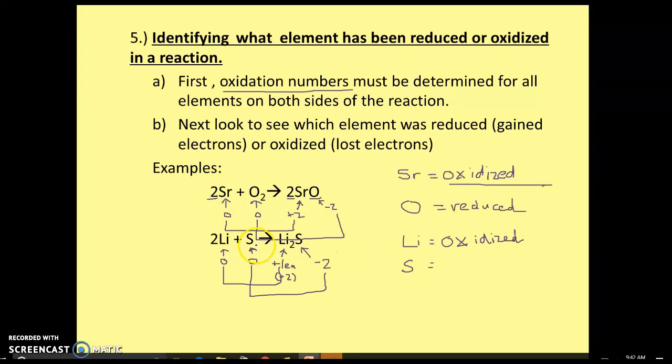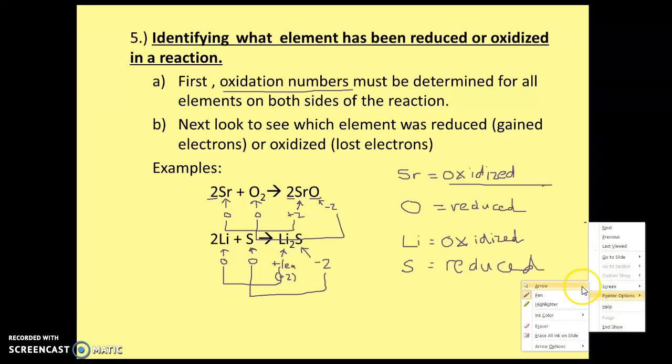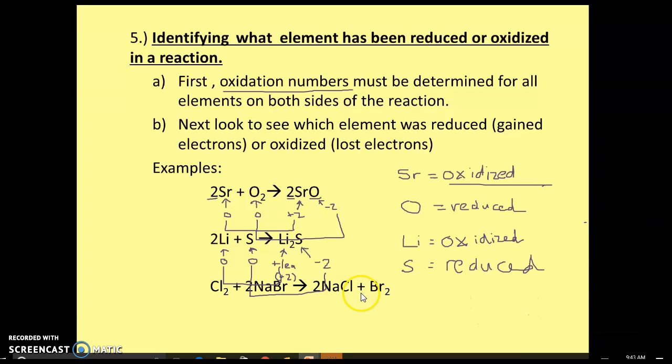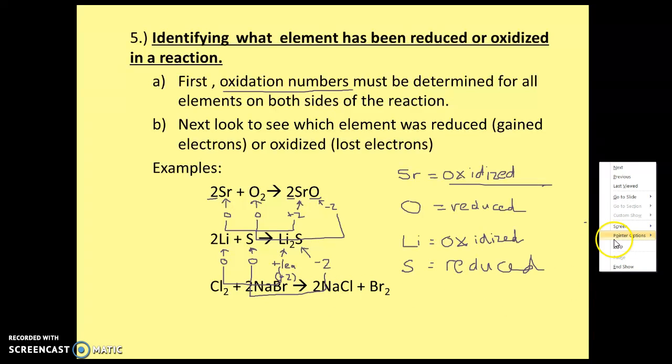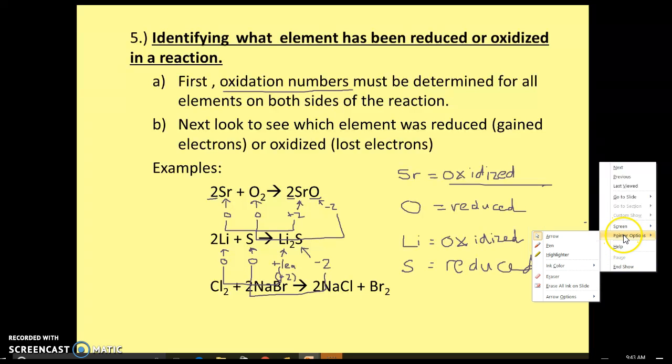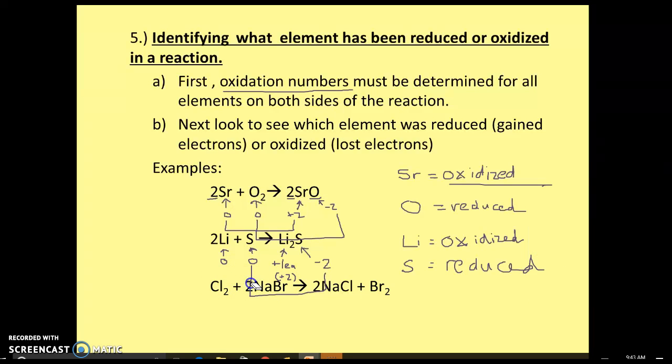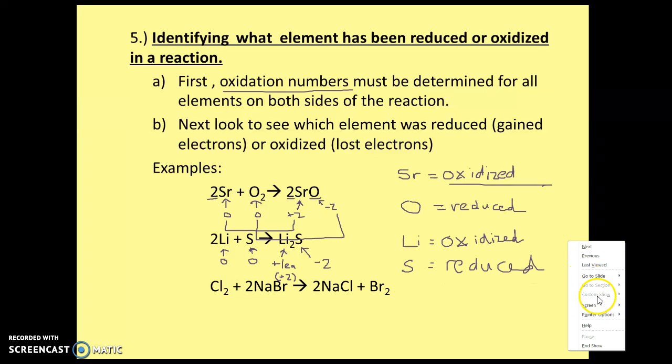Okay, and then sulfur went from 0 to -2, so it was reduced. It gained an electron, or it actually gained 2 electrons. All right, do I have another one? I do have one more, so let me get rid of some of this stuff in the way. There we go.